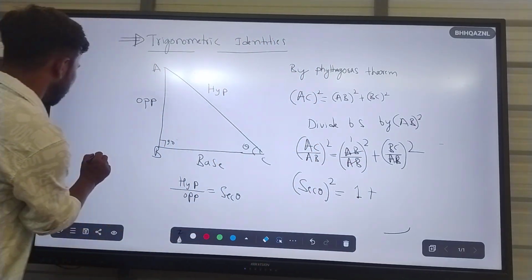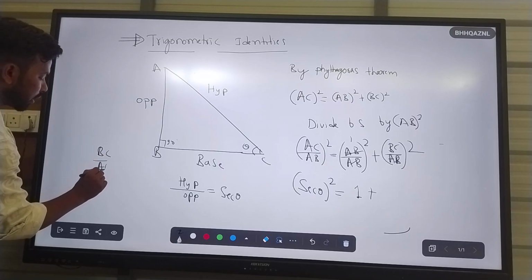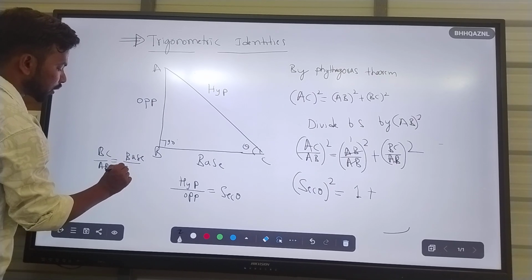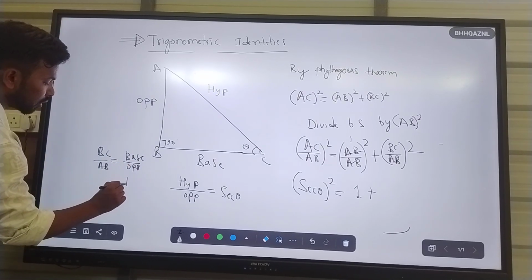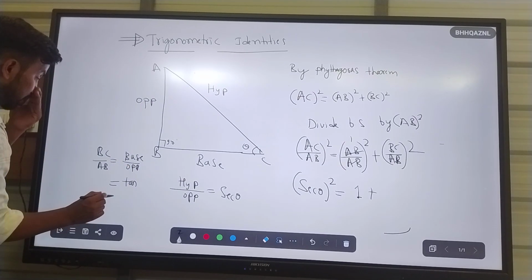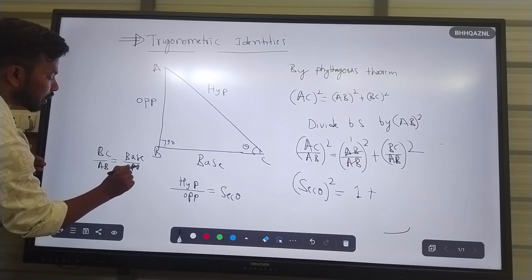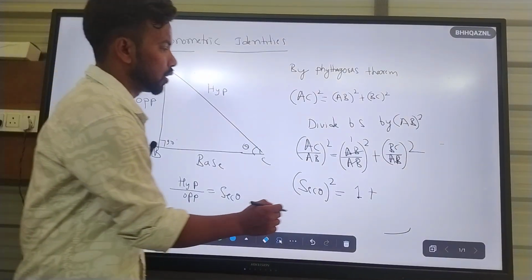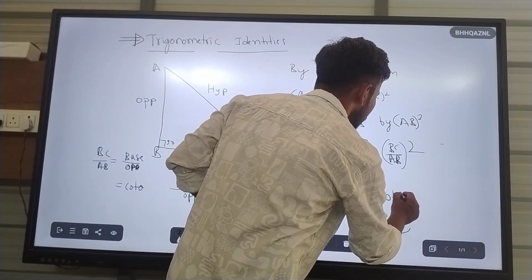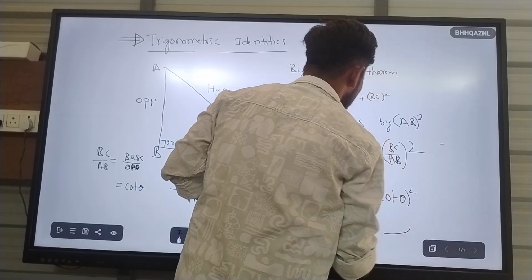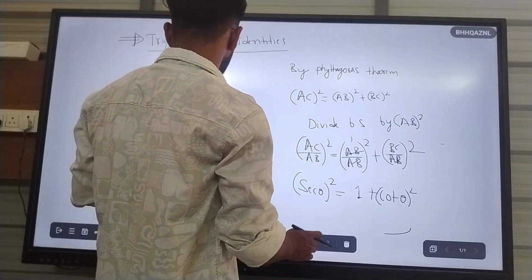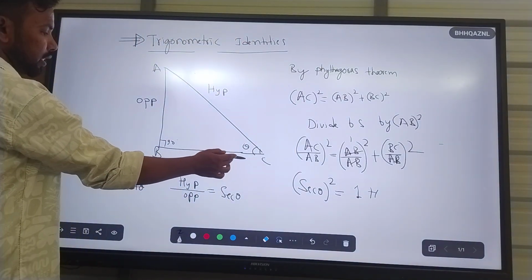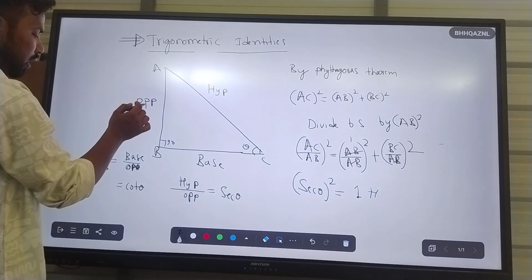BC by AB, BC means base here. Base by opposite, what is that? Base by opposite is cot theta.